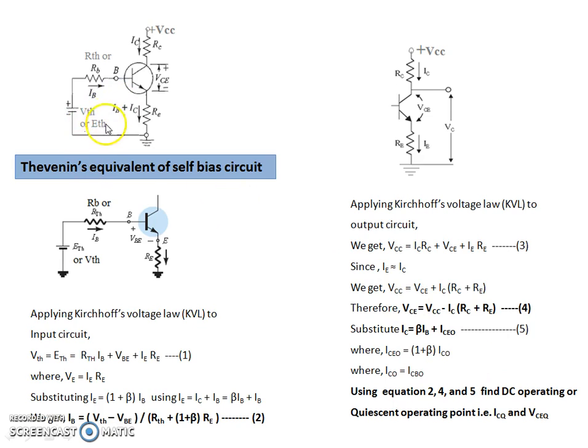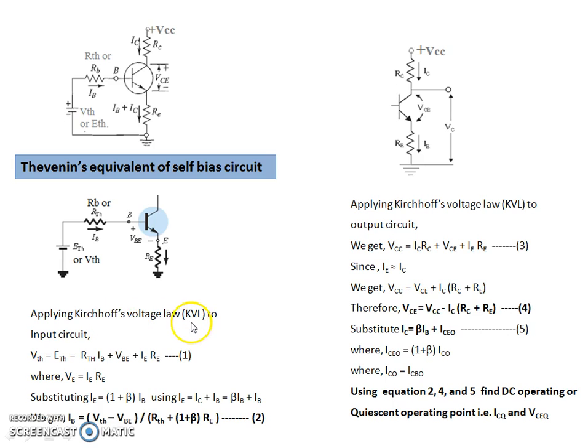After calculating the Thevenin's voltage and Thevenin's resistor, one can modify the self bias circuit like this, which can be called the Thevenin's equivalent of self bias circuit. Now let us apply KVL to both input side and output side of the Thevenin's equivalent of self bias circuit.